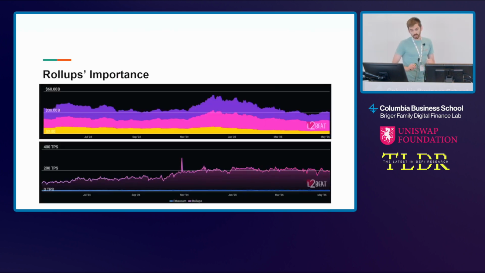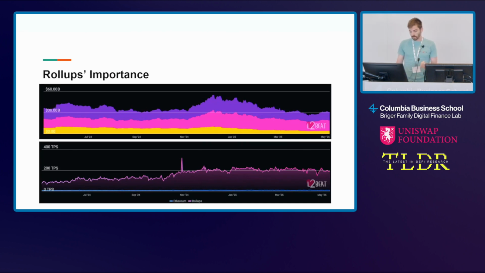Okay, so here are two graphs from L2BEAT. The first one is the total value secured by L2s. Actually, I took this screenshot a few days ago, and now the total value is around 45 billion USD. So we can say that it fluctuates between 30 and 60 billion USD.